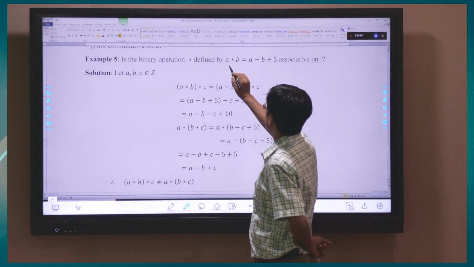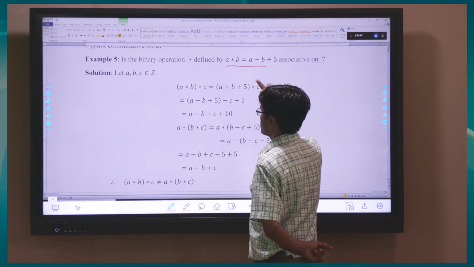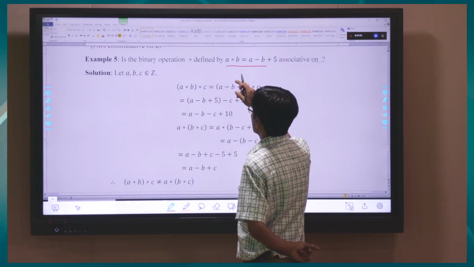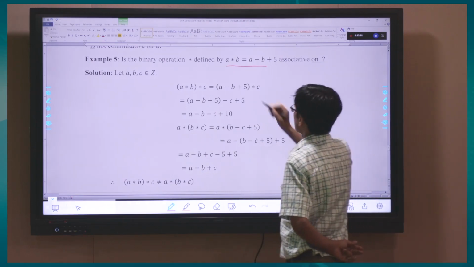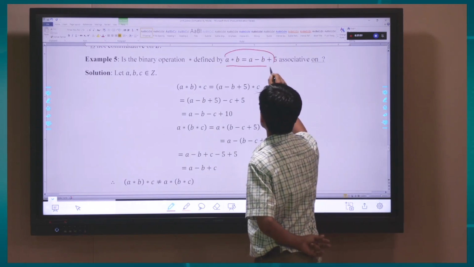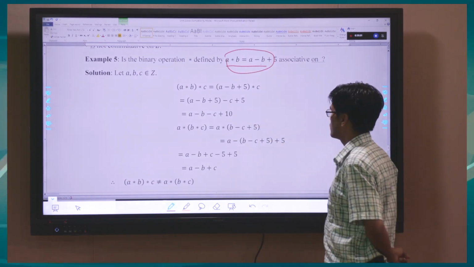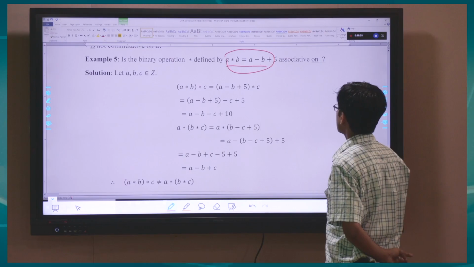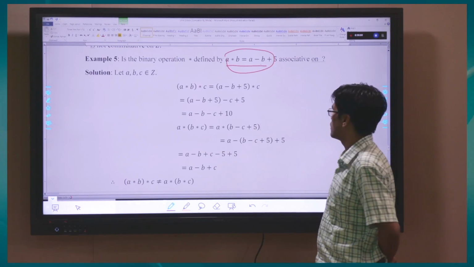Here star is defined by the same result as example 4. The operation is the same: A star B is equal to A minus B plus 5. So now we check the associative property for this binary operation.